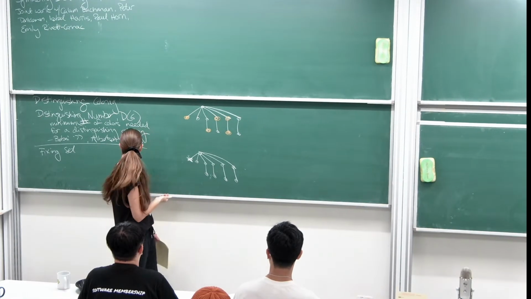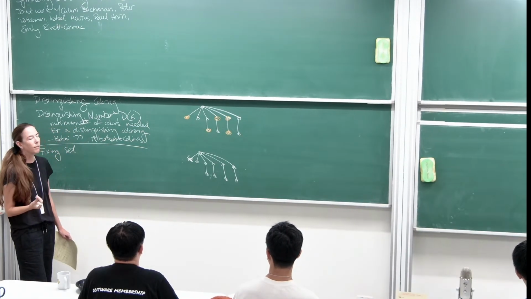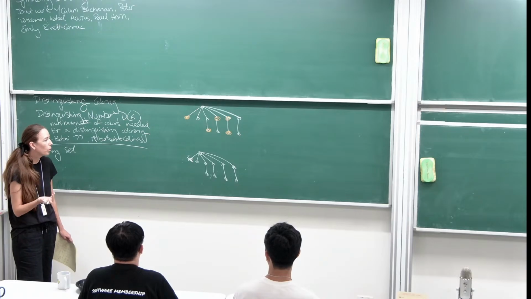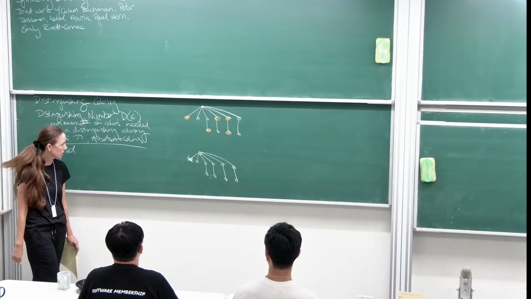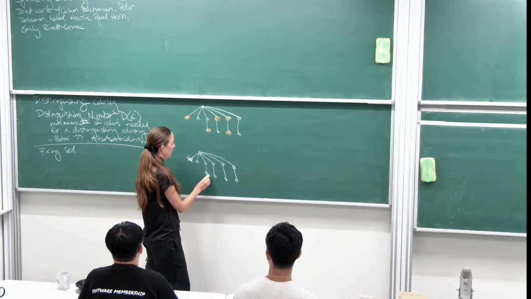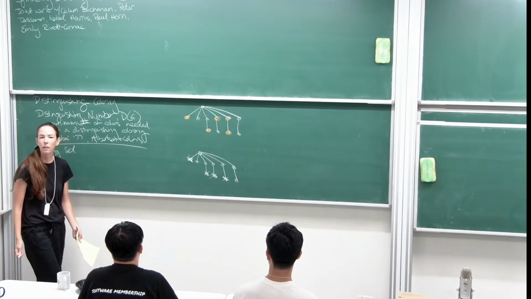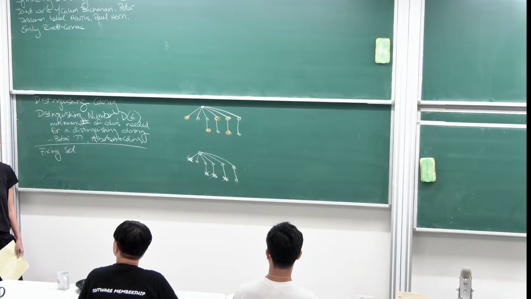Then the question is, how many vertices do I need to fix so that, again, only the trivial automorphism remains? Here, if I say all three of these vertices must be fixed, then I don't have any automorphisms.